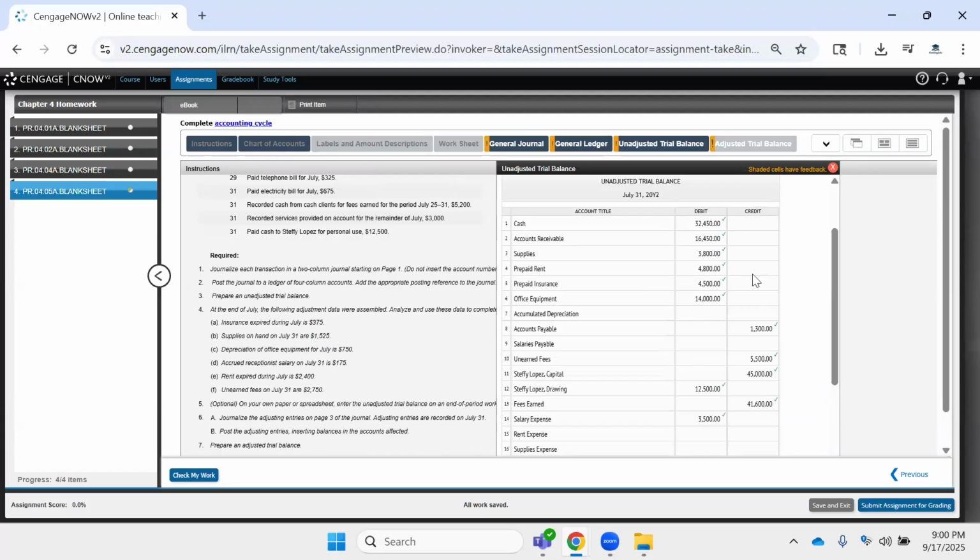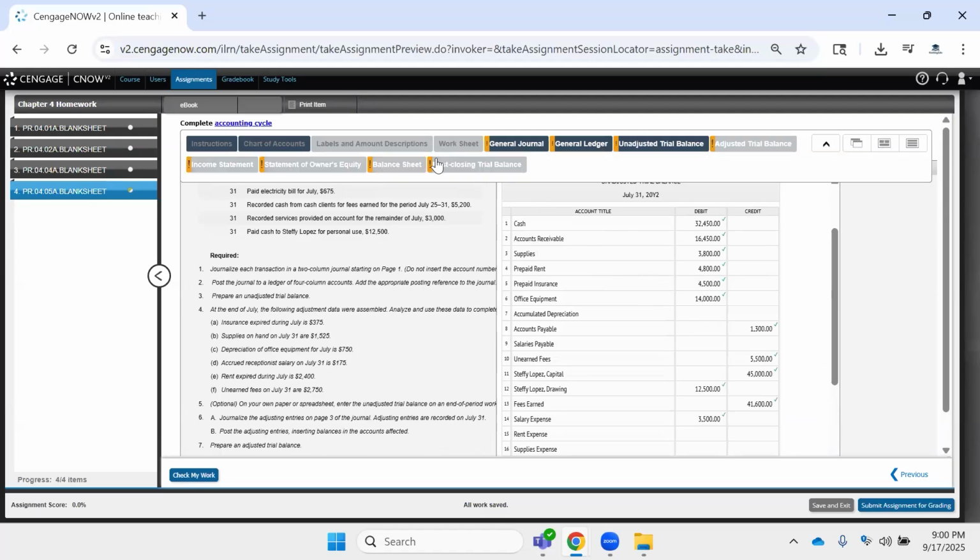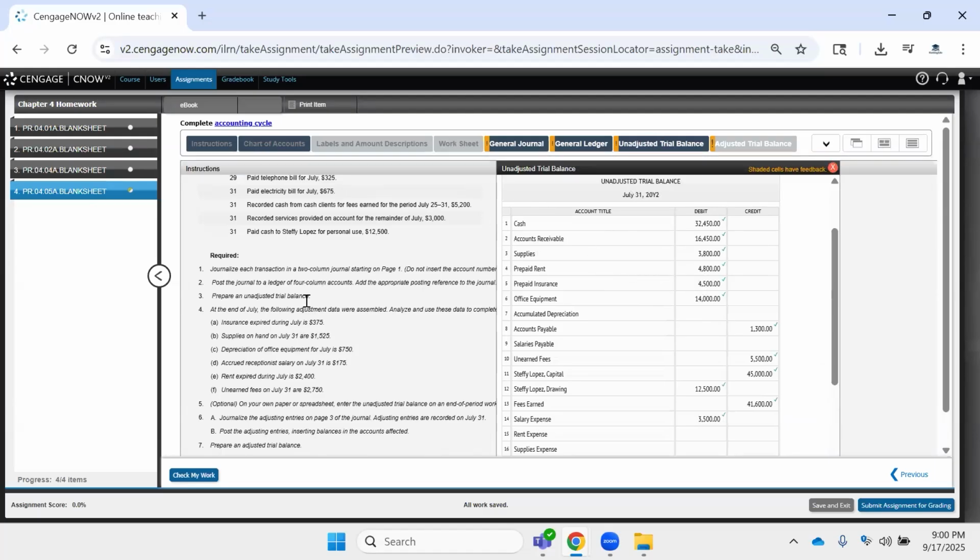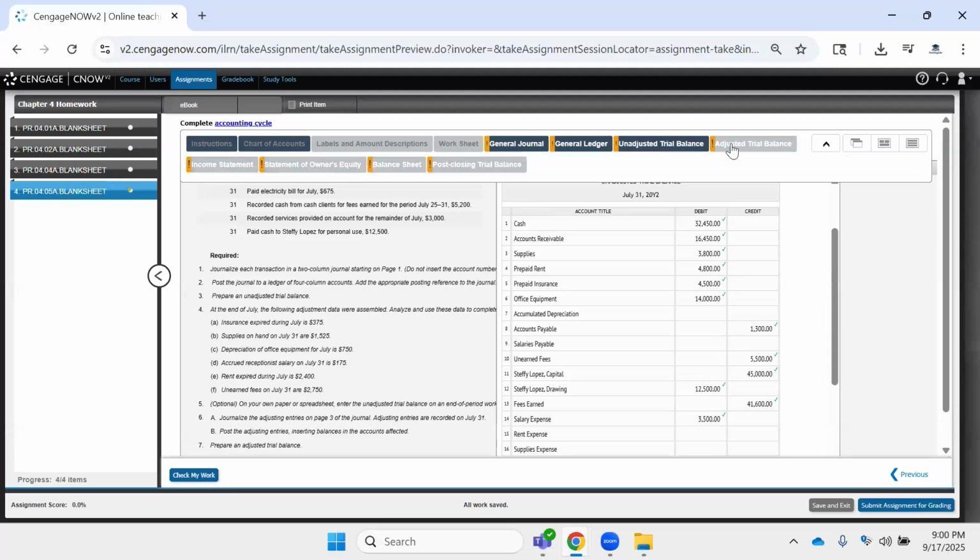So we take 3,800 minus 1,525, and we get 2,275, and that's our expense. That's the amount of supplies that went away between the unadjusted and the adjusted, right? Because our amount on the adjusted trial balance is going to be the amount of supplies actually on hand, 1,525.